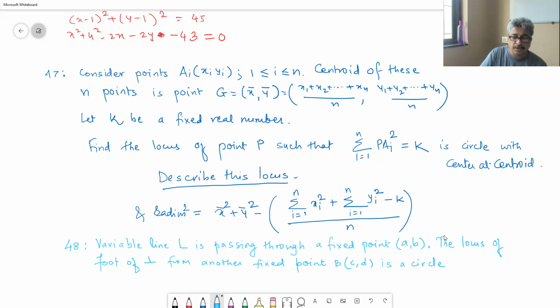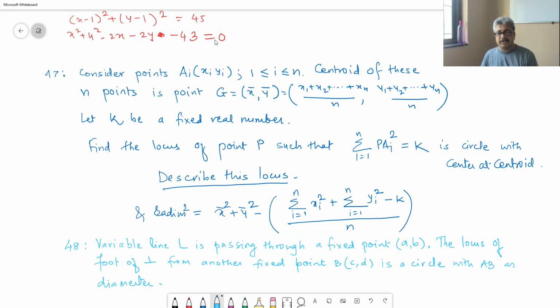We are supposed to verify this, so I am giving you a statement: it is a circle with AB as a diameter. Verify whether it is correct or not.